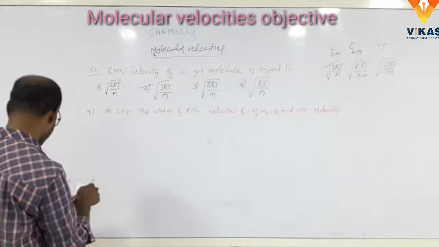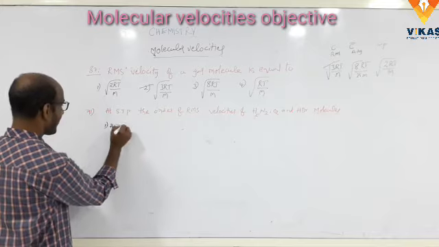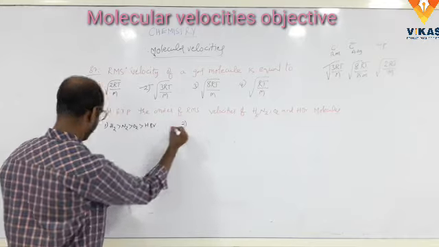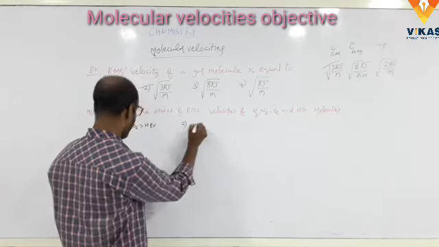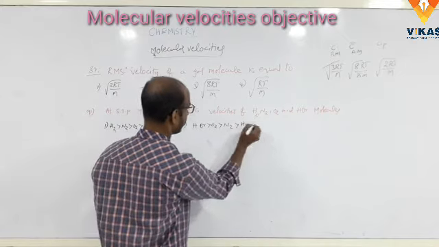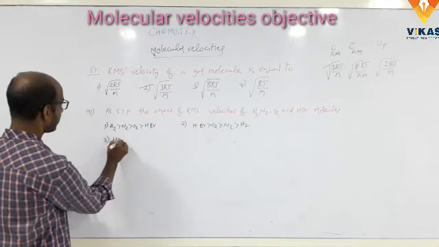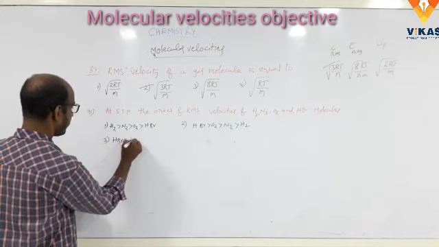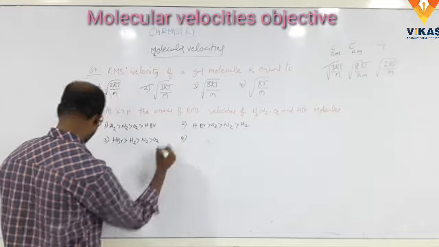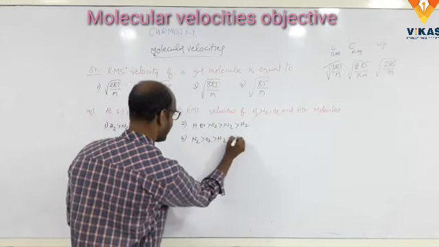Four options are given. Number 1, H2 is greater than N2 is greater than O2 is greater than HBr. Second one, HBr is greater than O2 is greater than N2 is greater than H2. Third option, HBr is greater than H2 is greater than N2 is greater than O2. And fourth one, N2 greater than O2 greater than H2 greater than HBr.